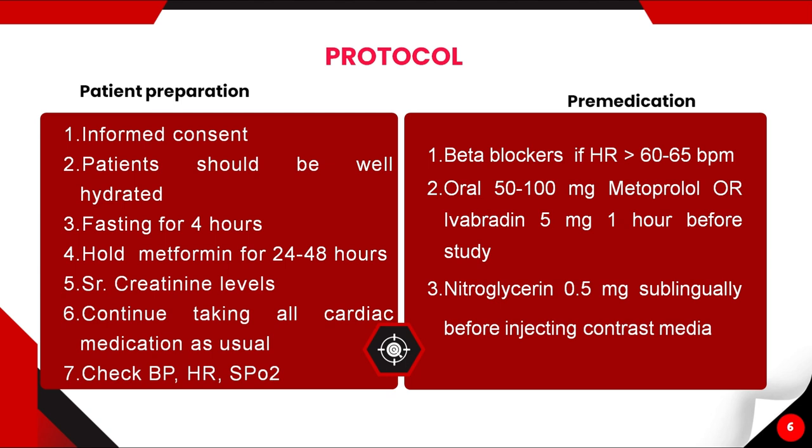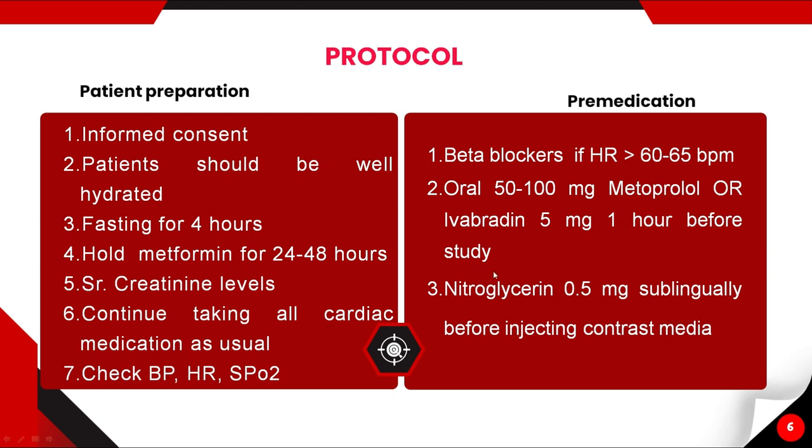They are given metoprolol 50 to 100 mg or ivabradine 5 mg 1 hour before the study to stabilize the heart, and nitroglycerin 0.5 mg sublingually before injecting the contrast media. Nitroglycerin improves the coronary diameter and increases the number of accessible segments of the coronary artery for better evaluation of coronary artery disease.